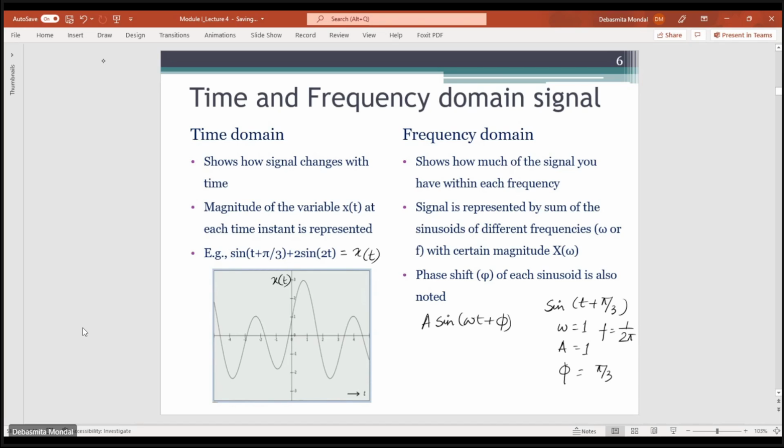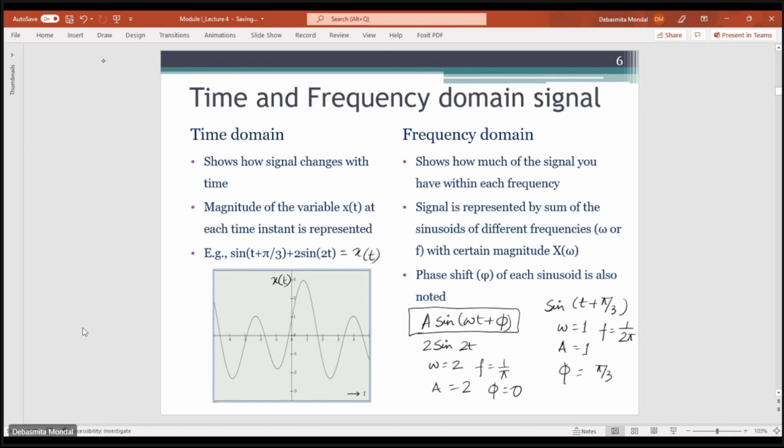Now this is the first term. The second term is 2 sin(2t). Comparing again with the general form, the value of omega equals 2, so f will be equal to 1 by pi, the amplitude A equals 2, and the phase equals 0. So for the function x(t), you have represented it in the frequency domain in terms of frequency.